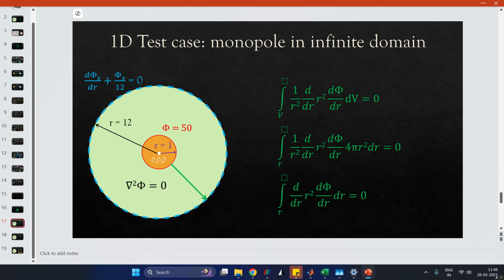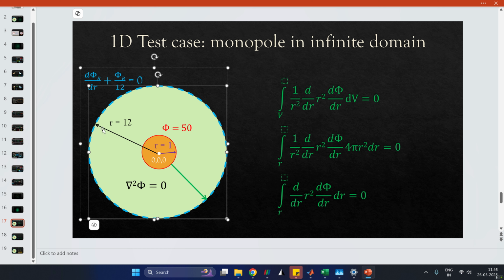This is simply a Laplace equation solution, del square phi is equal to 0. This is what we are solving, and we have an inner boundary at radius equal to 1 with phi equal to 50. This is your Dirichlet condition, and you could think of it as a sphere which is releasing heat or mass or creating an electric or magnetic field. So different kinds of physics, very simple ones.